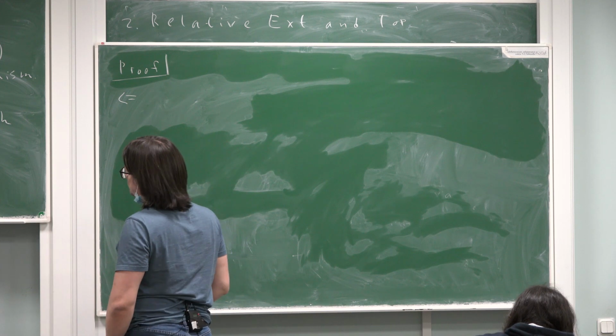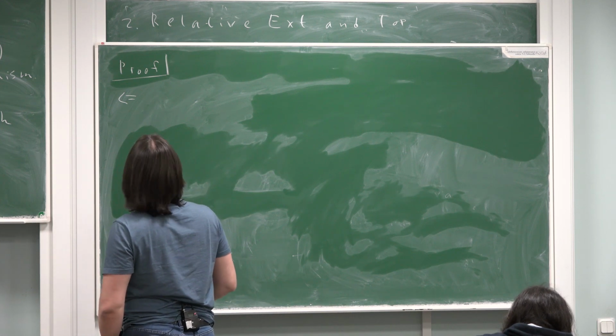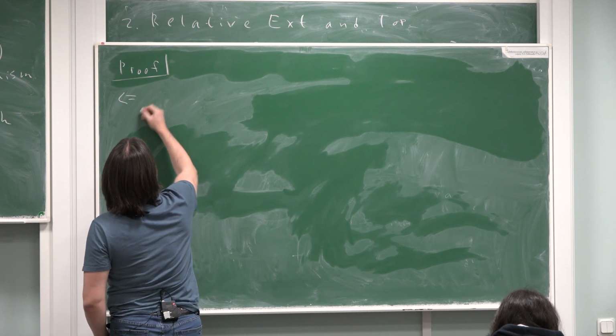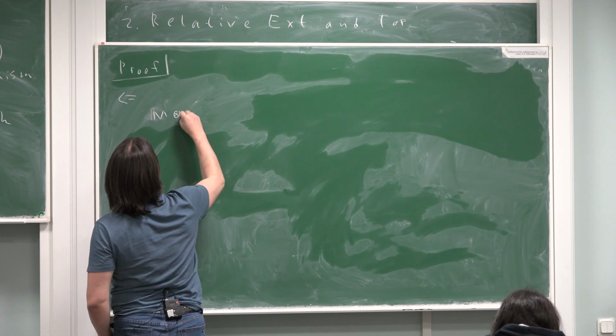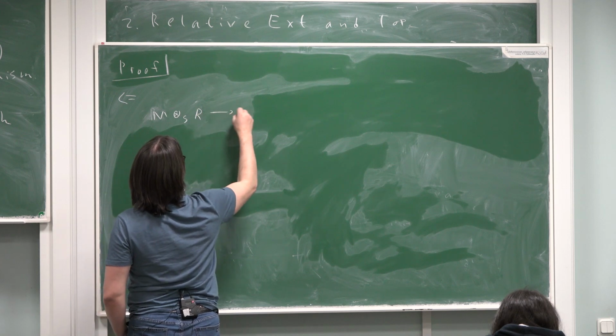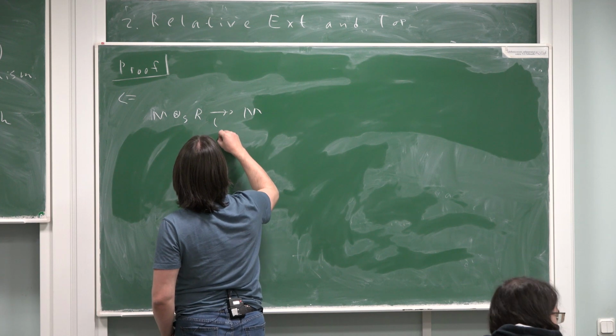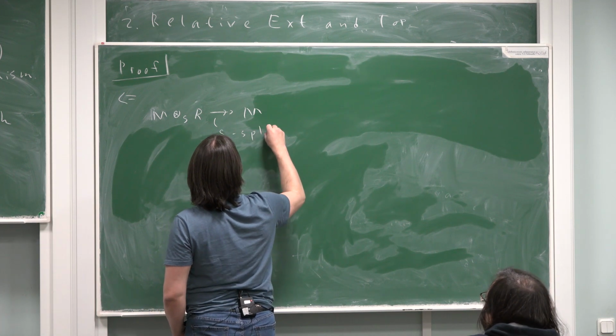We know that we have M tensor over S of R to M, and it is a split epimorphism, as we have shown.